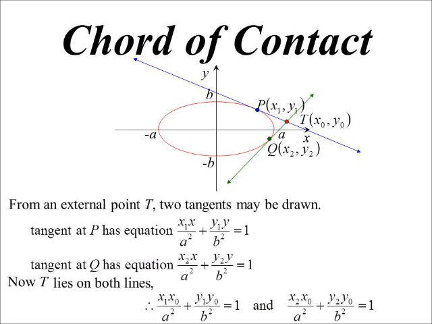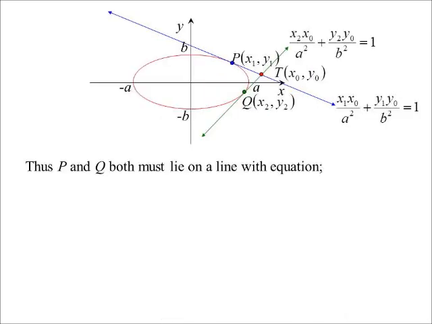We're trying to find the equation PQ, the equation of a line that when I substitute in (x1, y1), it works. When I substitute in (x2, y2), it works. Now, the equation of a line will be some constant times x plus some constant times y equal to some constant number. So P and Q must both lie on a line with this equation.